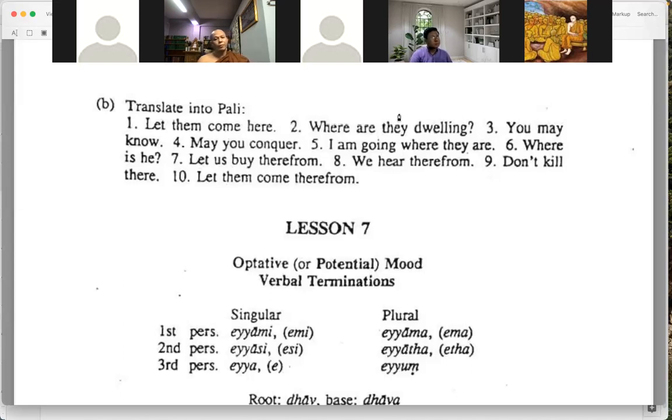And in number 3, you may know. Because of you, we know it is second person, singular or plural both can be. But we don't know yet what kind of tense or mood, present tense, future tense, or imperative mood. But here, if we continue seeing, may is the sign of imperative in Pali. So that is second person, singular or plural, imperative.